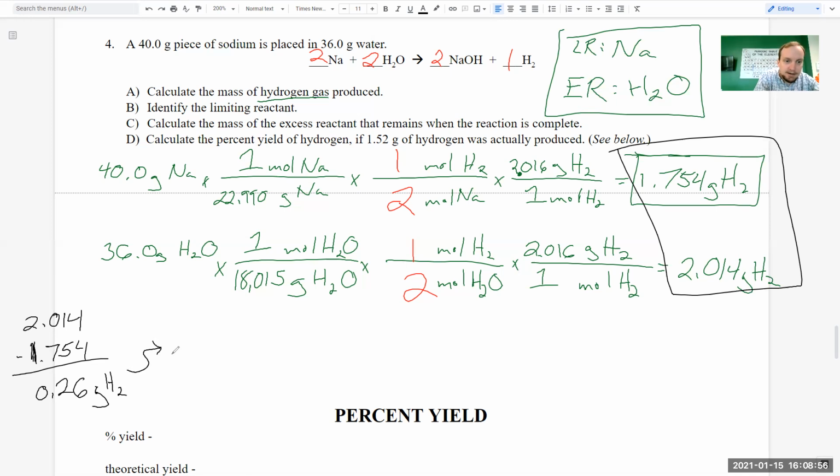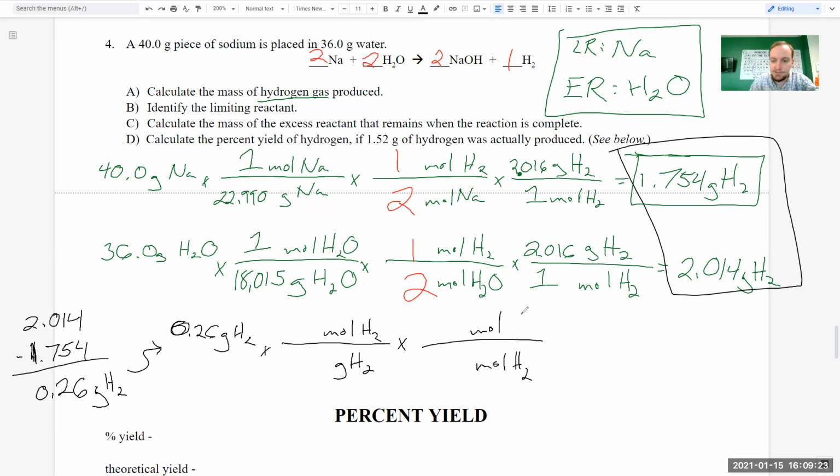Again, I'm going to go ahead and do that. Start another, oops, let me try it again. 0.26 grams of H2. All right, I'm going to convert out of grams of H2 into moles of H2. Then I'm going to convert out of moles of H2 into moles of our excess reagent.